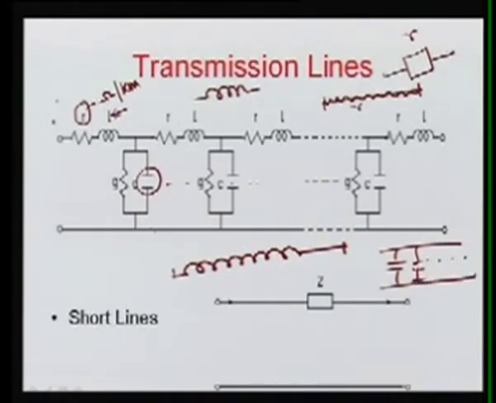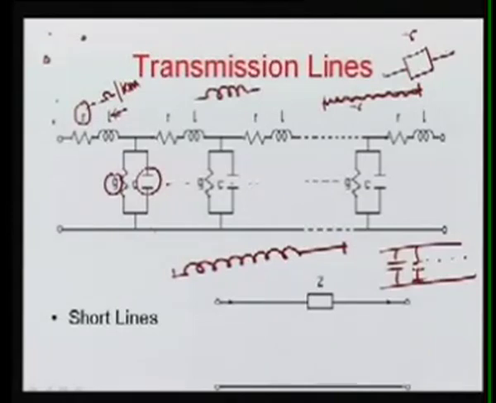Another term is called G, or conductance, and that is also there. It is nothing but some losses, and those losses basically occur at the level of insulators, because the transmission line is supported by a tower, and there are some insulators insulating the power conductor from the earth potential.